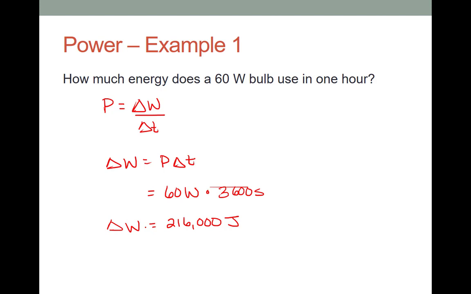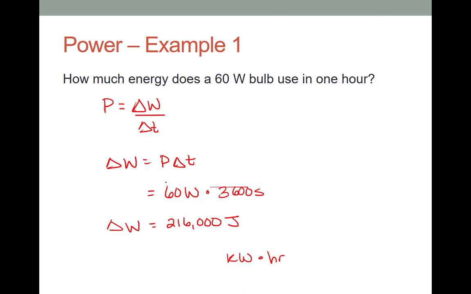Now, it seems like a big number, but typically we don't measure energy usage in units of joules, because a joule is too small. So typically, instead of seeing this in the power usage for your house in units of joules, you will see the unit instead to be kilowatts times hour.